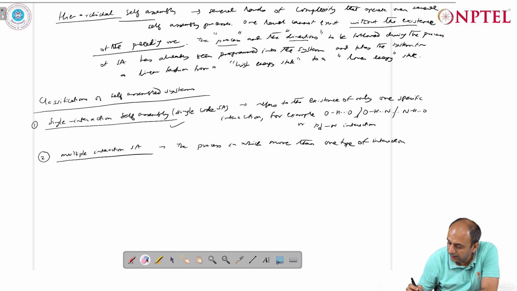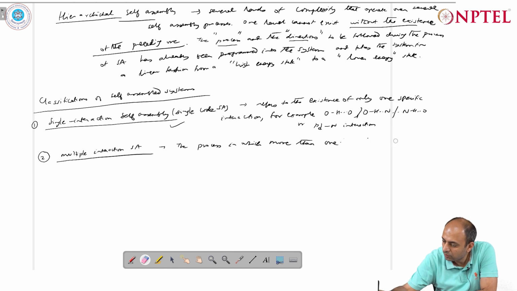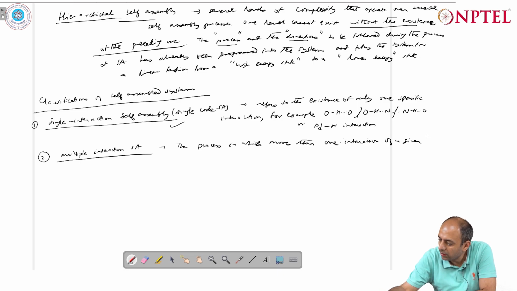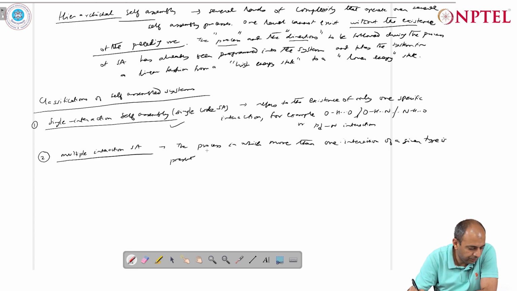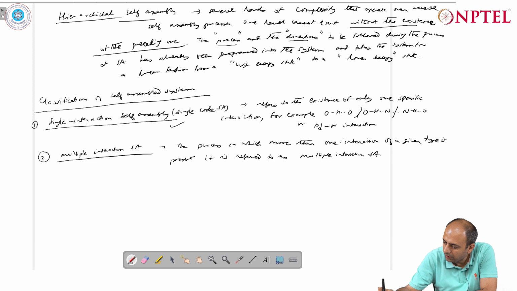Sorry, I need to correct here a bit: the process in which more than one interaction of a given type is present is referred to as multiple interaction self-assembly.